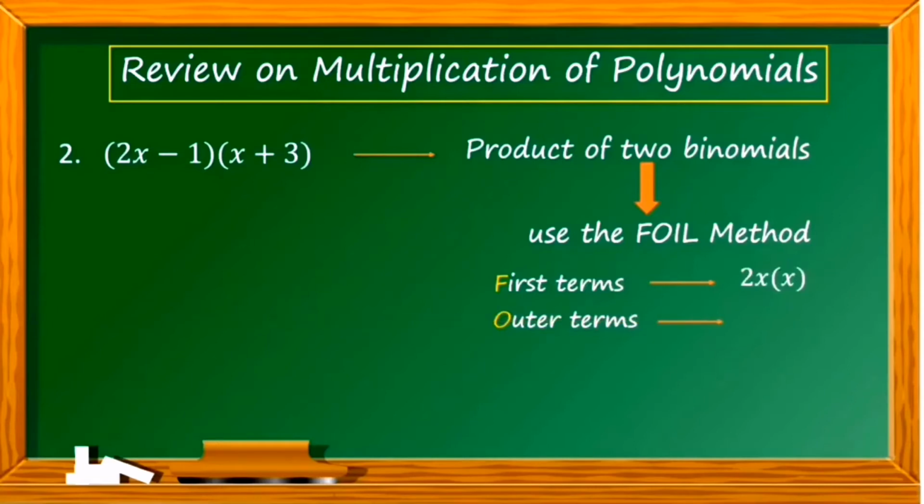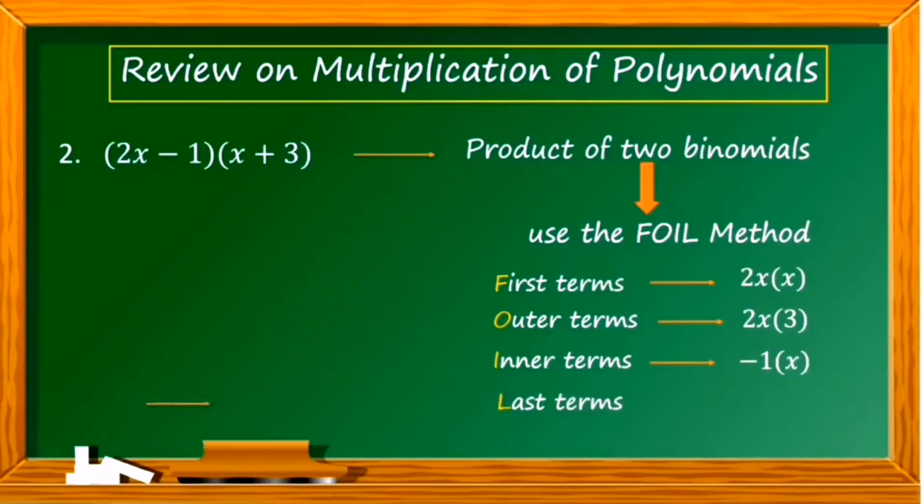O stands for the outer terms, and that is 2x times 3. I stands for the inner terms, and that is negative 1 times x. And L for the last terms, and that is negative 1 times 3.